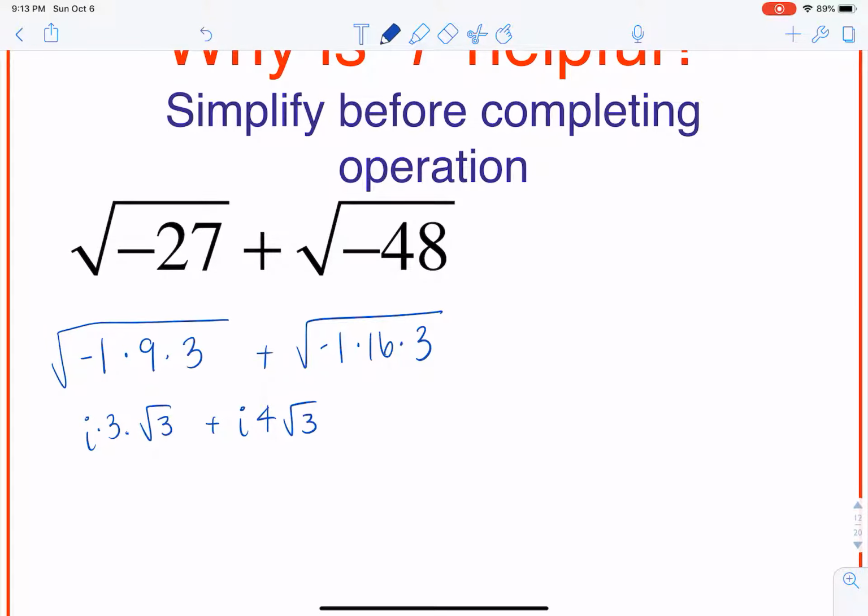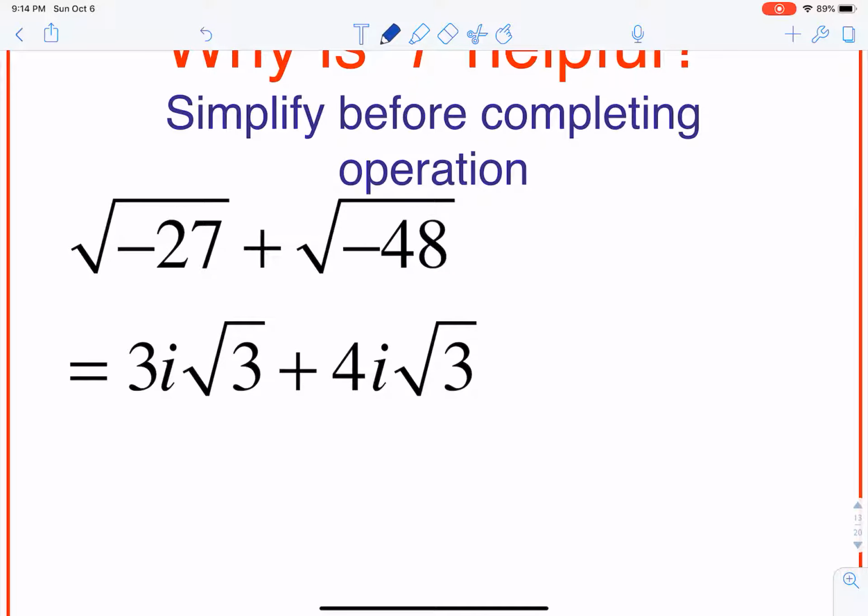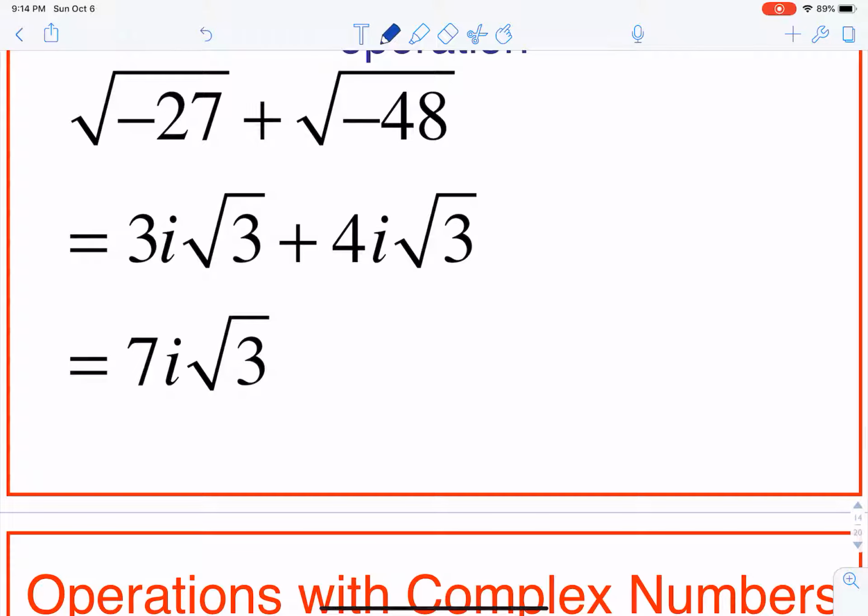So I end up getting 3i square root of 3 plus 4i square root of 3. I have an i and square root of 3 here, so we can go ahead and simplify this into 7i square root of 3. By adding 3i and 4i, I'll get 7i square root of 3.